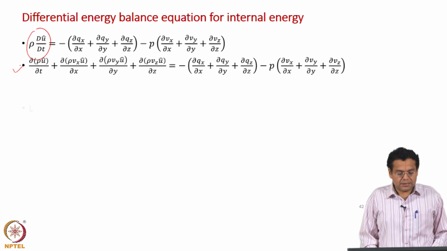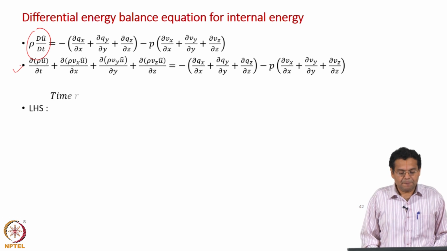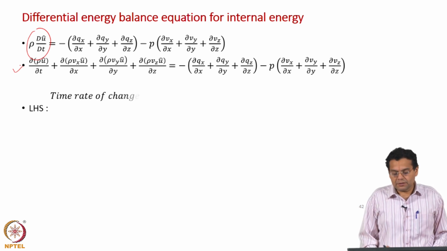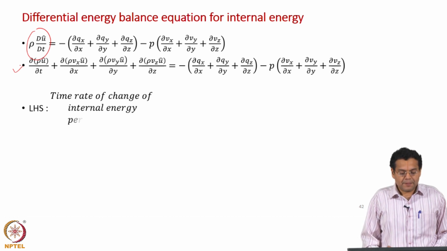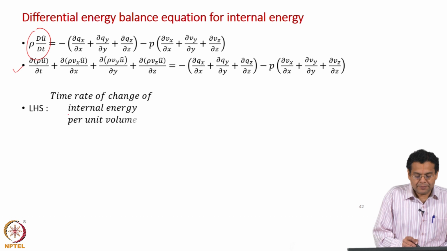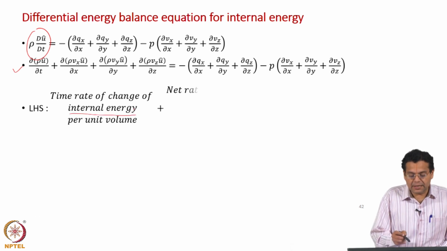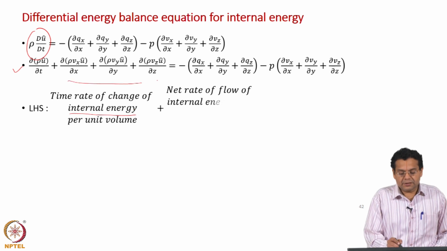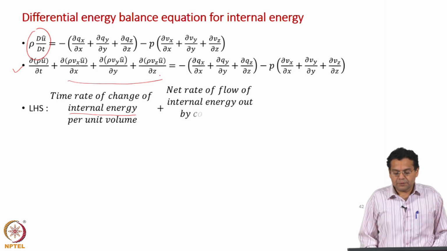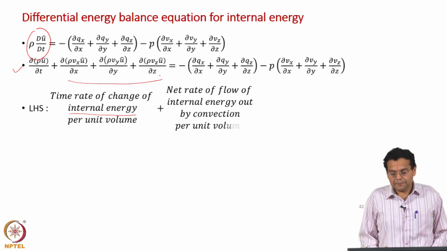Okay, so now let us take the left hand side. I think you should be able to write down the significance now very easily. The first term tells about the time rate of change of internal energy per unit volume. Next set of 3 terms represent convection. So, net rate of flow of internal energy out by convection per unit volume.